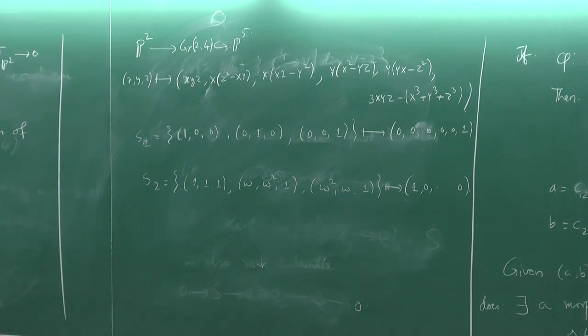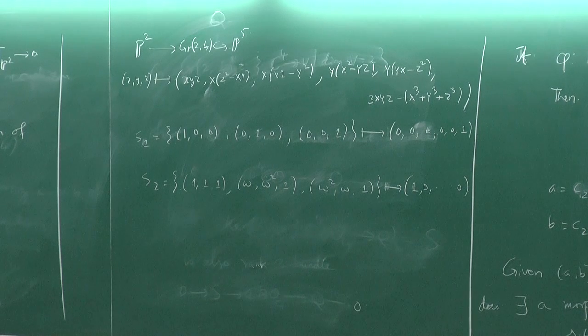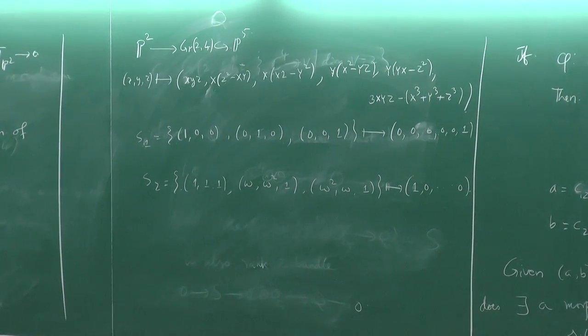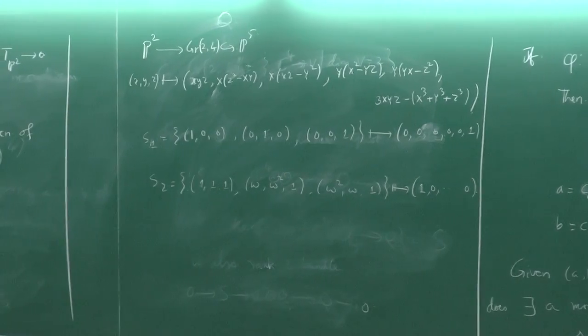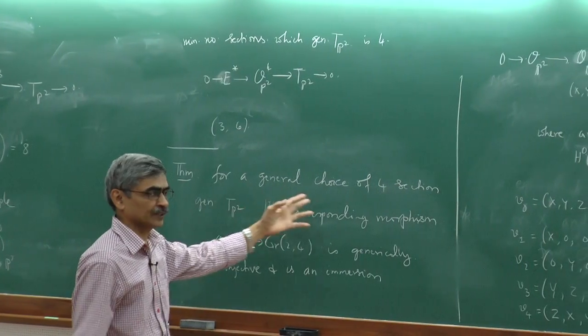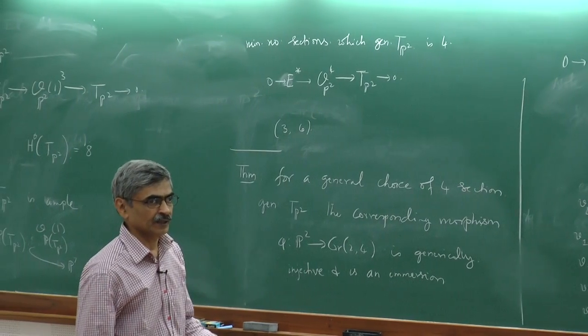So from this calculation one sees that you have such a morphism which satisfies this. Then one can show from generality that for a generic choice it will be like this.